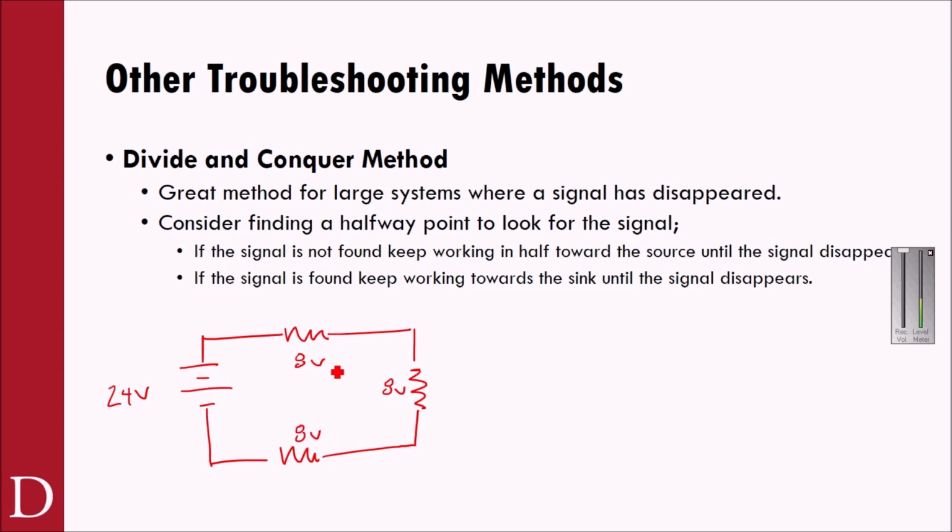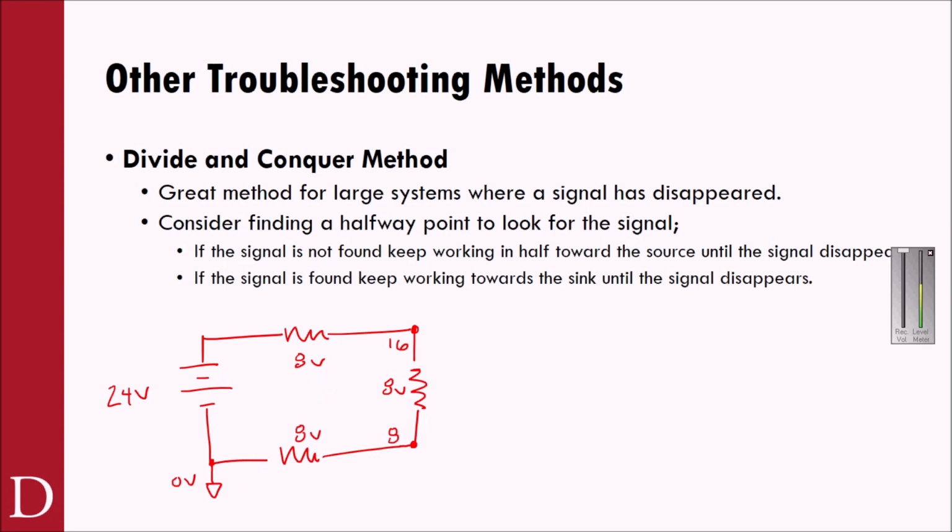So I consume all 24 volts. So if I call this ground right here, this is my 0-volt reference. If I go here, normally I'd expect to read 16 volts from here to ground. And if I went here, normally I'd expect to read 8 volts from here to ground.